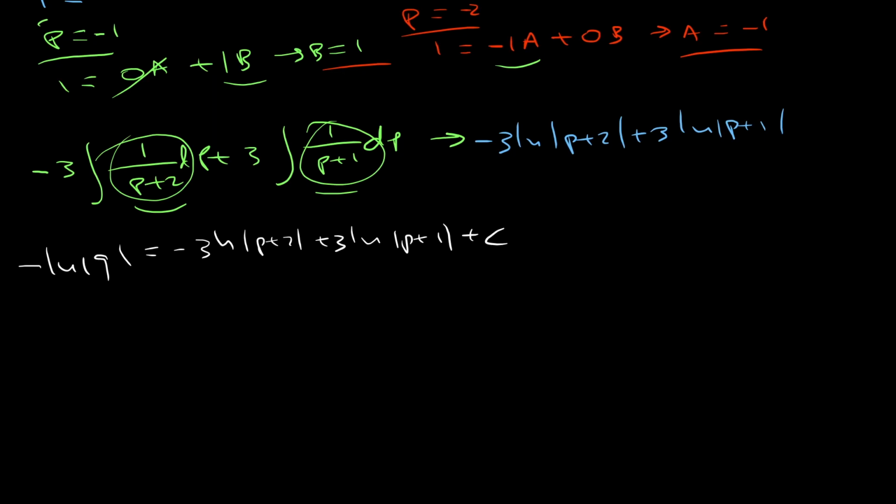This one, because it's minus ln of q, this is the same thing as saying that it is ln of 1 divided by q. In this one, we have a subtraction, and we have the same element, which is 3. So you can arrange this in a different way and have it like this. So p plus 1, it's the positive 1 divided by the negative 1.